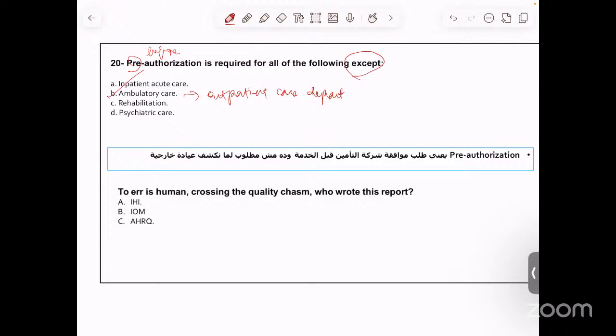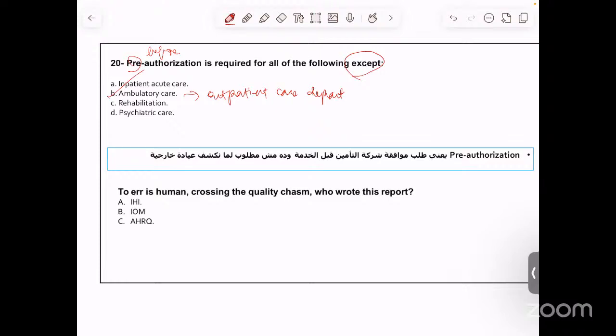What about psychiatric? This is also pre-authorized because this helps the insurers confirm the diagnosis and the appropriateness of the treatment plan, avoiding unnecessary costs or services. So is it clear? That is the meaning of pre-authorization. So all are, except ambulatory care or our outpatient care department.